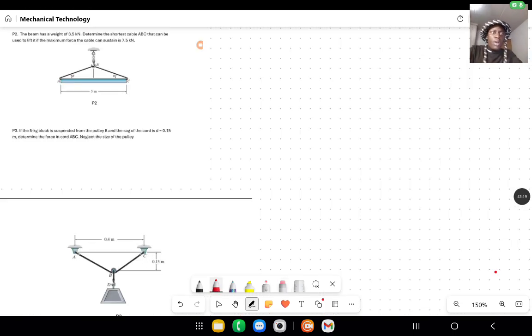Okay, now we are on problem number 3. If the 5 kg block is suspended from pulley B and segment of the cord D, determine the force in cord ABC.